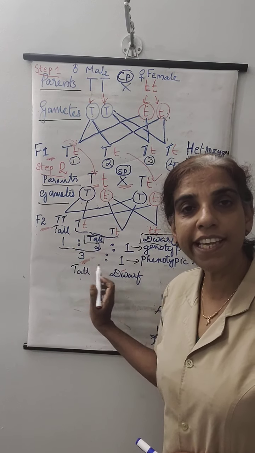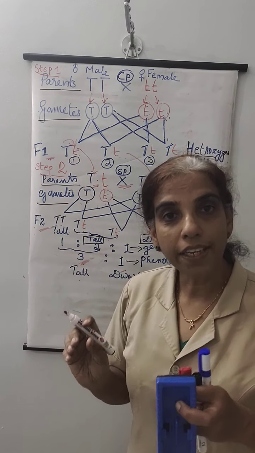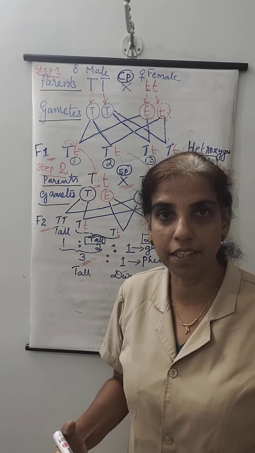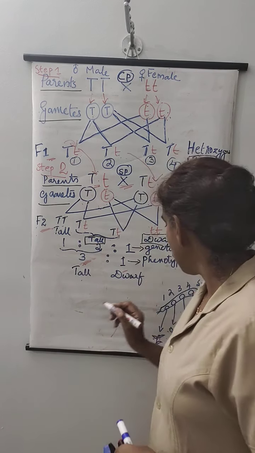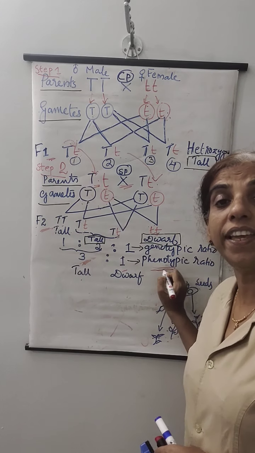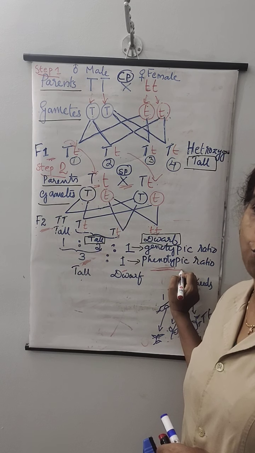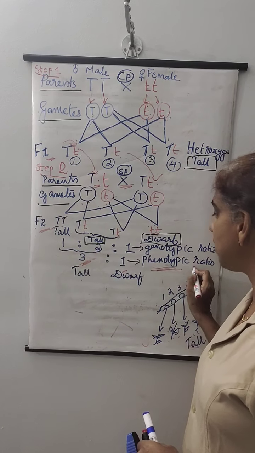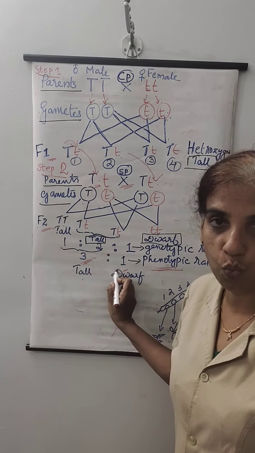This ratio 3:1 is the ratio which you have got from the physical appearance, the observable character. So this is called phenotypic ratio or phenotypic character. So phenotypic ratio is 3:1.